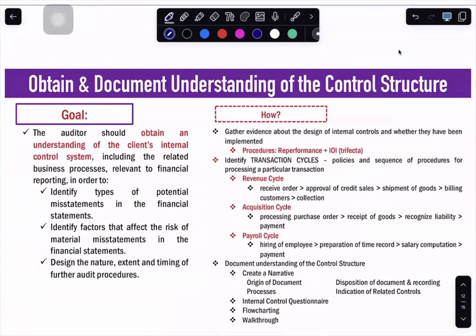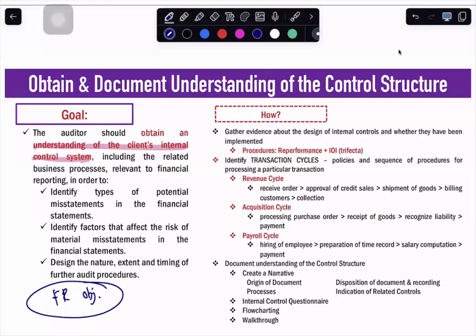Next, we need to understand how we obtain and document understanding of your control structure. So the goal here is to obtain an understanding of your client's internal control. So you have to identify only those related to your financial reporting objective. Take note, only identify internal controls that are related to your financial reporting objective because we are doing a financial audit.